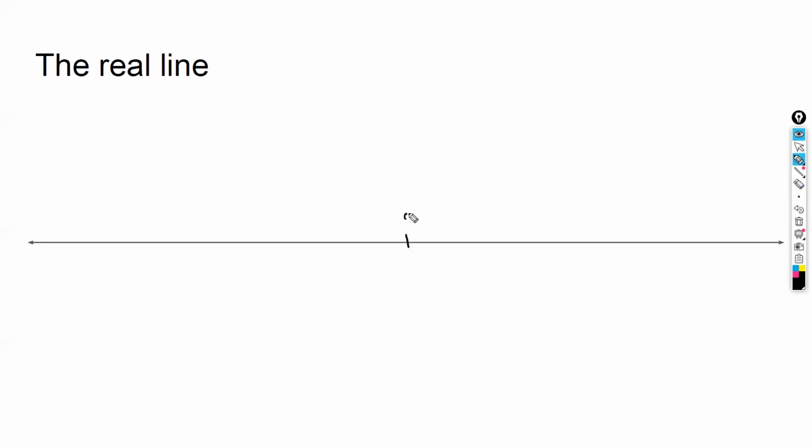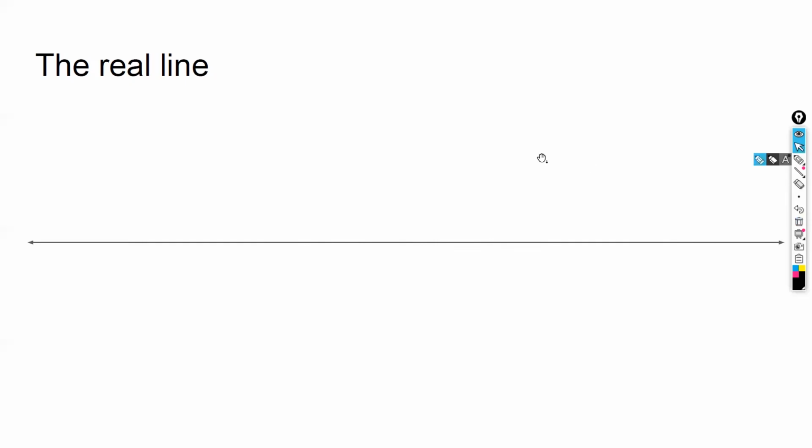So for example, we might find 0 here, 1 here, pi somewhere out here, negative 100 somewhere over here, and everything in between. So 1/2, 0.10101010, and so on, and anything else. All of these numbers, this is a pretty big set. How do we topologize it? That's the question we want to answer.